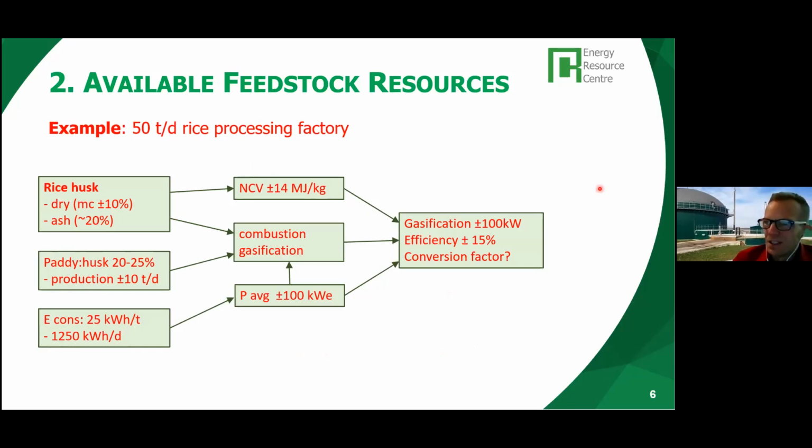Basically, looking at the rice husk itself, it has a net calorific value of 14 megajoules per kilogram, which is the same as 14 gigajoules per ton.